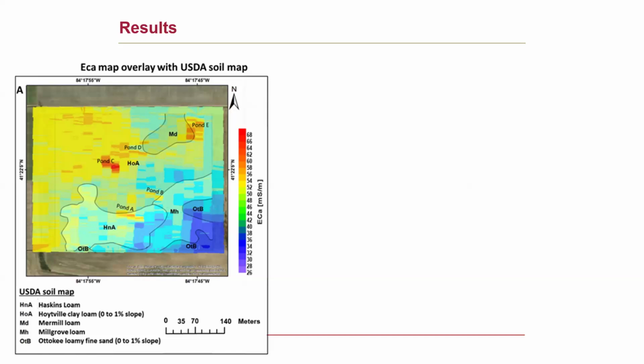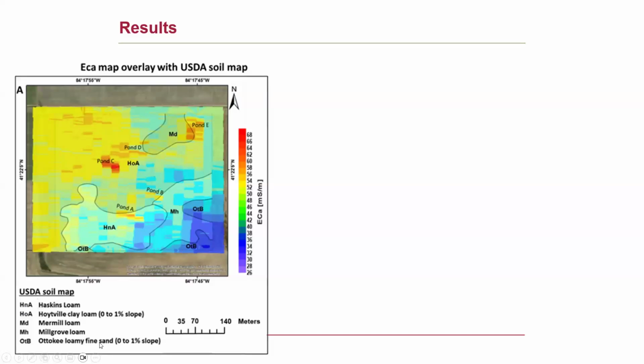Now, one thing we did was to compare the geophysical imaging to what soil scientists typically would refer to, which is a soil map of an area, and we wanted to check how we're doing. And if you look at it, it looks like our geophysical methods practically are able to replicate the soil map, and we can assume that if this is true, then most likely the variation in geophysical signals that we are seeing reflect changes in the soil. Here we're able to capture this HOA, which is basically the Hoytville clay loam, and we can see that it has a higher conductivity compared to the HNA, which is the Haskins loam in the region.